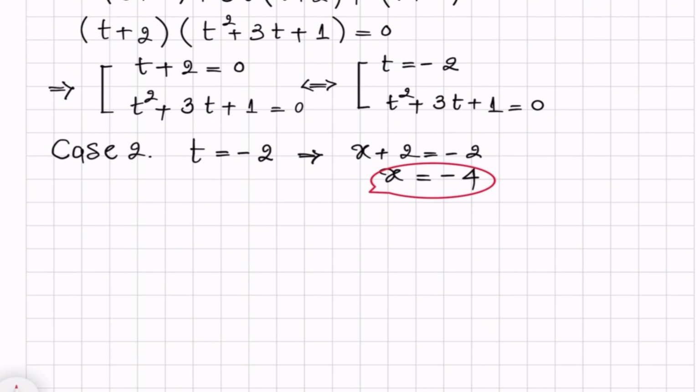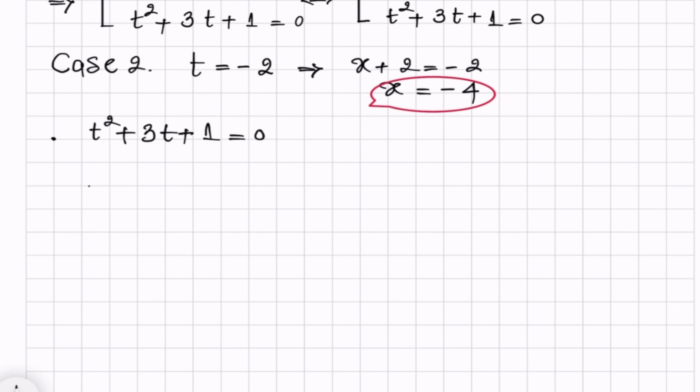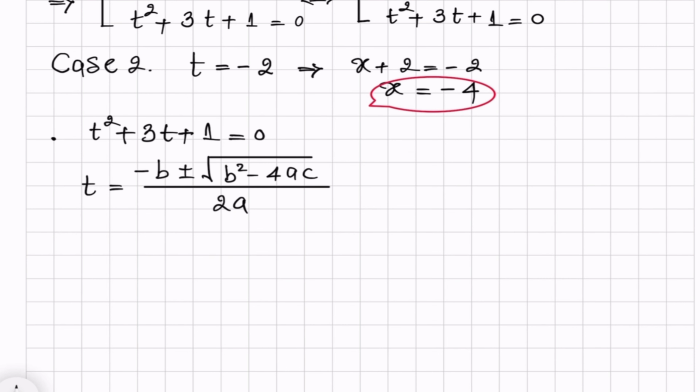And now we have to solve the other equation in terms of t, which is t squared plus 3t plus 1 equal to 0. This is just a quadratic equation, so it is easy. We can use the formula. That will be t equal to minus b plus or minus square root of b squared minus 4ac, over 2a. So you need to know the values of a, b, and c. In this case, we have a equal to 1, b equal to 3, and c equal to 1.